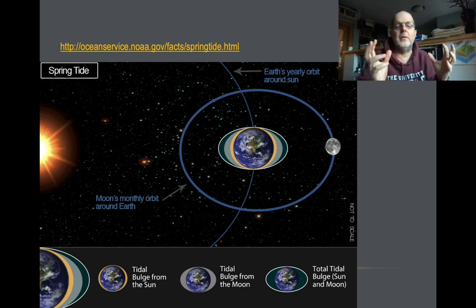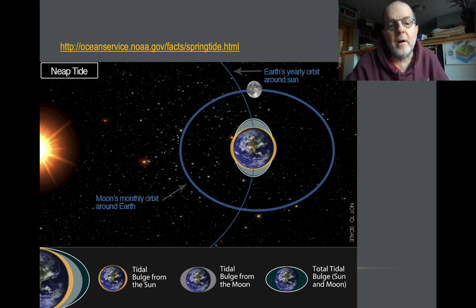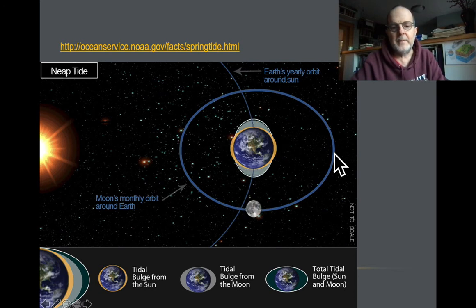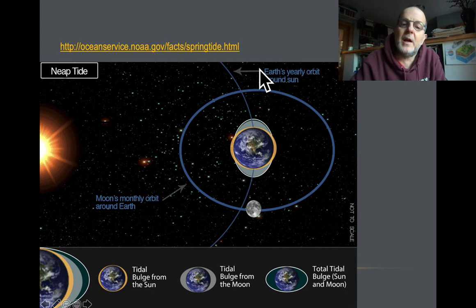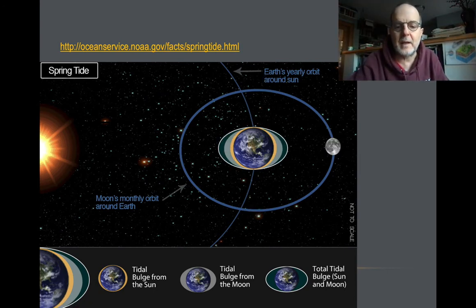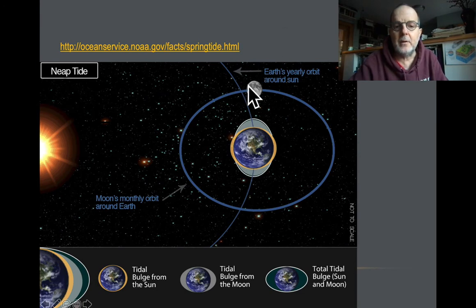So twice a month, we have tides that are higher high tides and lower low tides. Those are the spring tides at the new moon and full moon position. And twice a month, when the moon is at a right angle to the sun, we have tides that are not as high and not as low. Those are called your neap tides at the first quarter, and here, the last quarter.